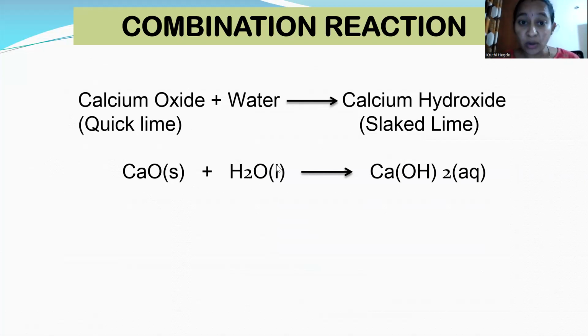Water is in liquid form, so l is given. If gas is there, what would be the designation given? Yes, it would be represented as g. Then what is this aq? aq is used when the particular reactant or product is in solution form where the solvent is water.